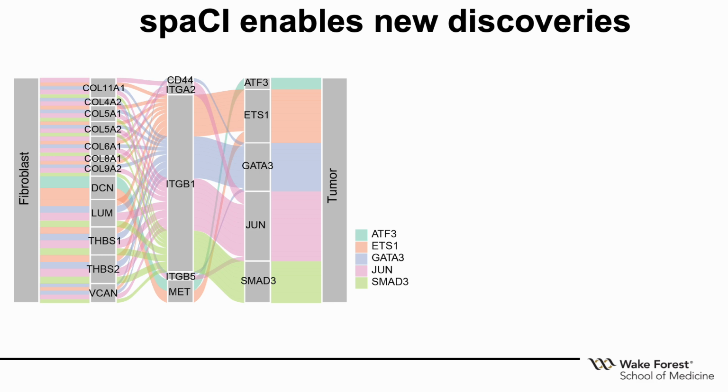And different colors represent the transcription factor mediated ligand receptor interactions. From the second plot, we observed prevalent interactions between THBS1 and ITGB1 with upstream transcription factors including SMAD3, JUN, and ETS1. Next, we also evaluated the prognostic effects of these transcription factor-mediated receptors in lung cancer patients.